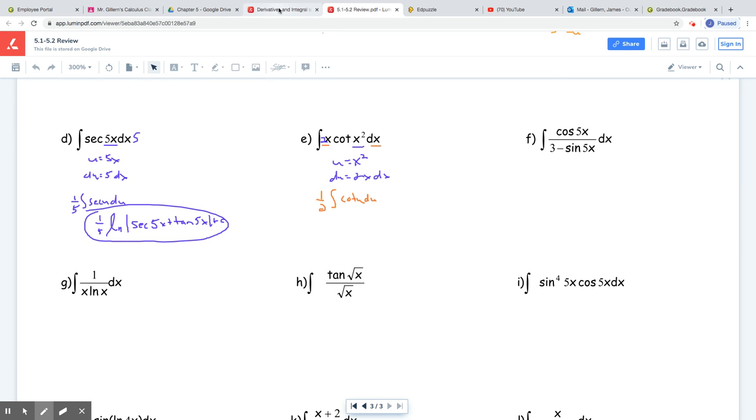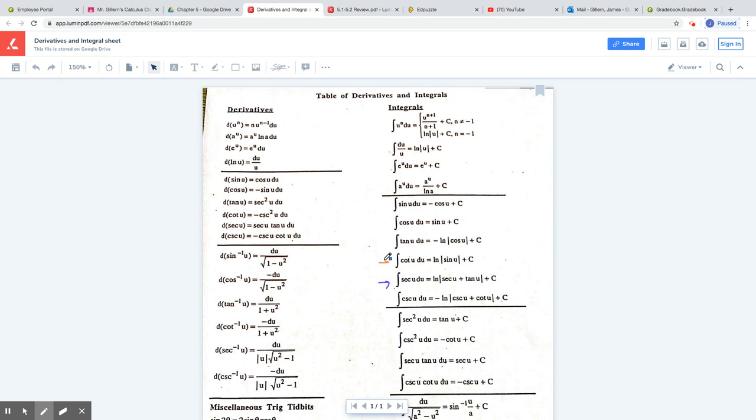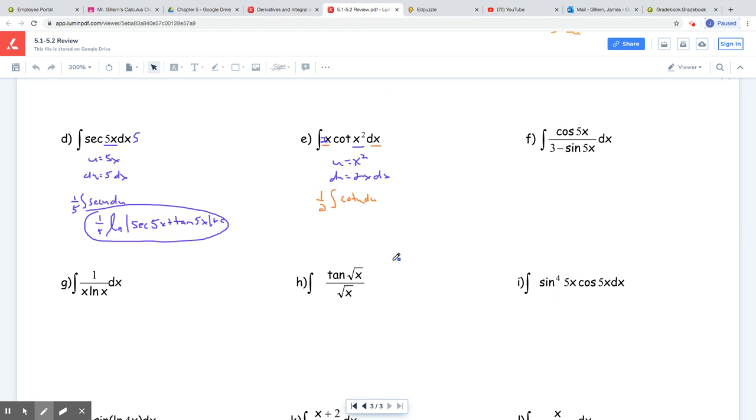You look here: cotangent u du is the natural log of sine u plus c. So it's 1/2 natural log of sine u, which is sine x squared, plus c. Done. Use that formula sheet to help you out.